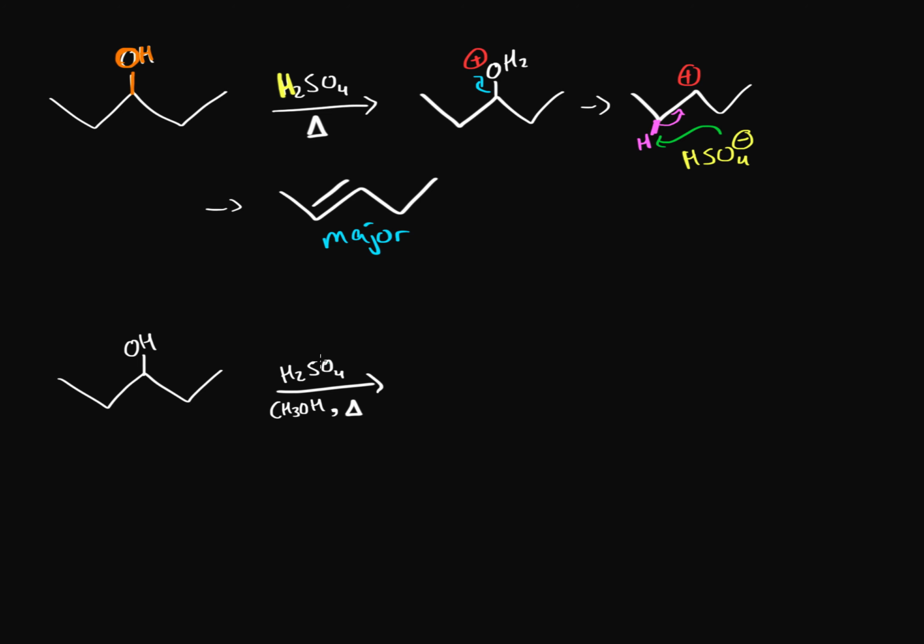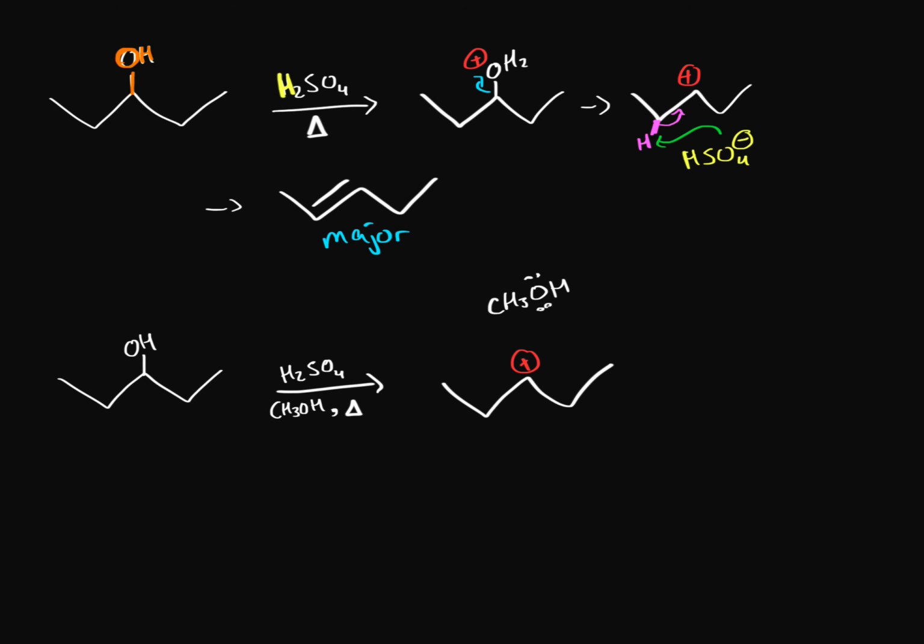Now, what happens if sulfuric acid is too dilute? What if we have another nucleophile in the situation? We're still going to get that same intermediate where we have our carbocation, because the OH group got a proton donated to it, and it leaves as a water group. But methanol, although it's a bad nucleophile, is better than sulfuric acid as a nucleophile.